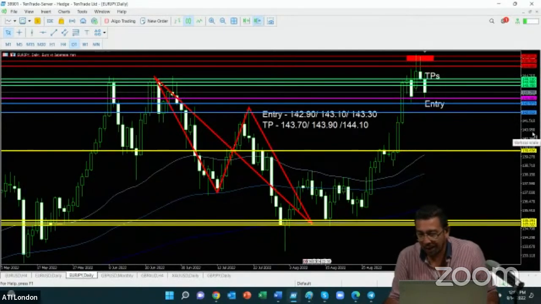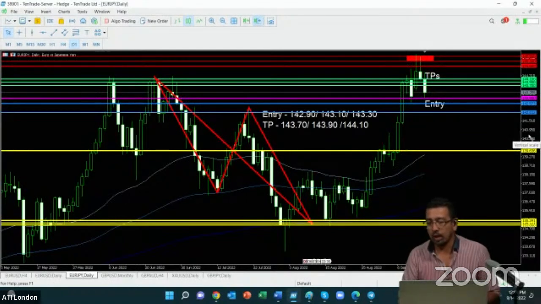Now your exit would be one at 142.60. Okay, so let's say we go for entry one. Entry one is 142.90, and then exit or TP1 is at 142.60. Then you go on to your second TP, so you've got one entry but two TPs.